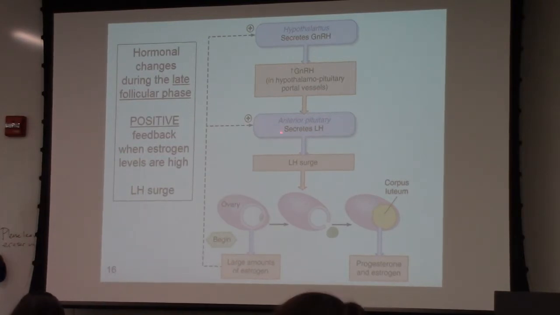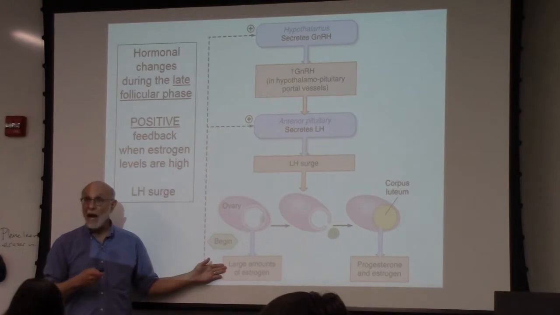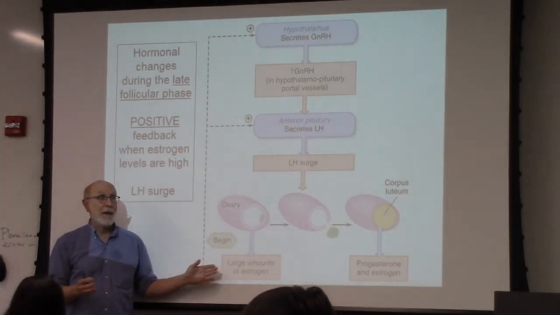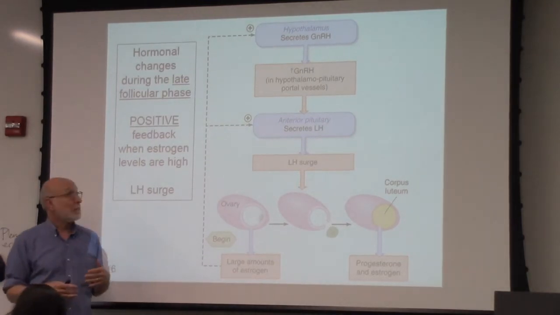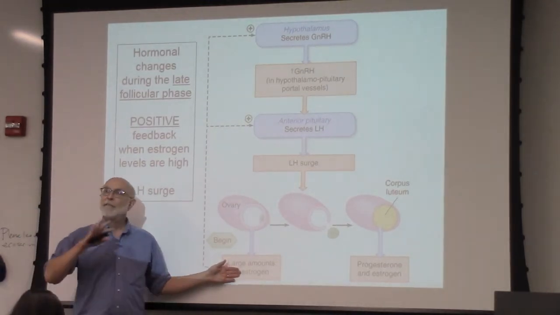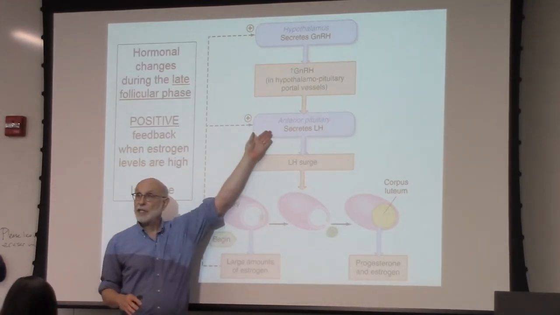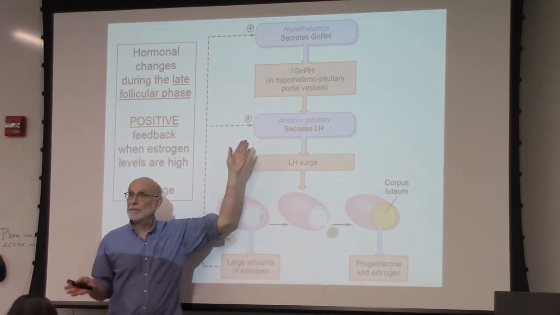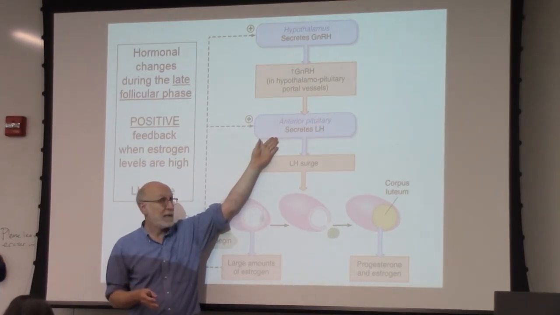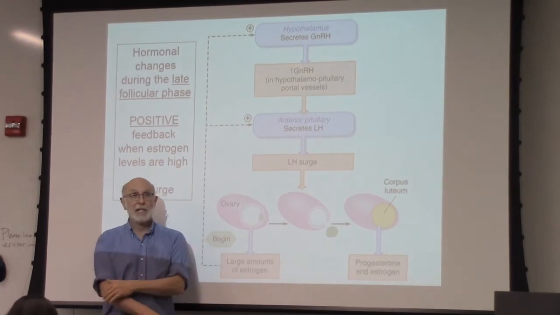There are low affinity receptors in the hypothalamus and in the gonadotropes of the anterior pituitary. And when those low affinity receptors are activated by high concentrations of estrogen, a new process starts, and that's positive feedback. So now estrogen, instead of suppressing LH and FSH release, is positive feedbacking to stimulate LH and FSH release, and that's the LH and FSH surge.